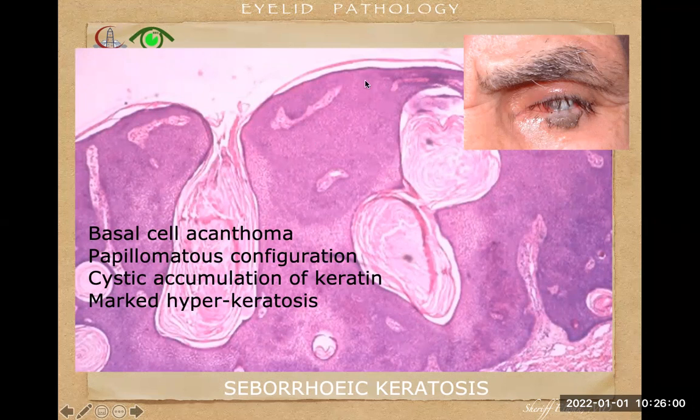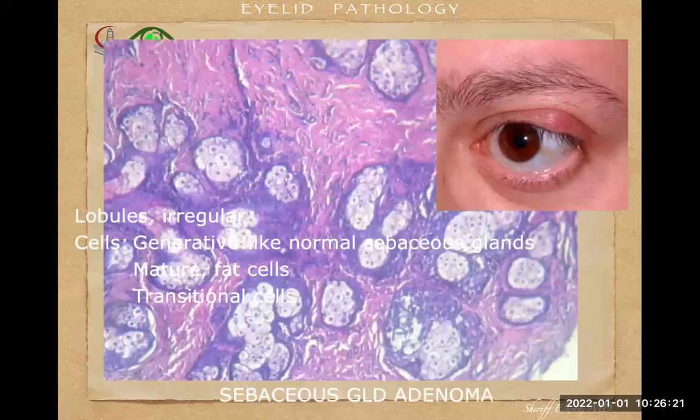A lot of keratin with cysts filled of keratin as well, and it looks like this, a plaque with hyperkeratosis, dark coloration, and seborrheic in character, meaning there is this sort of luster due to secretion of sebum or oil.